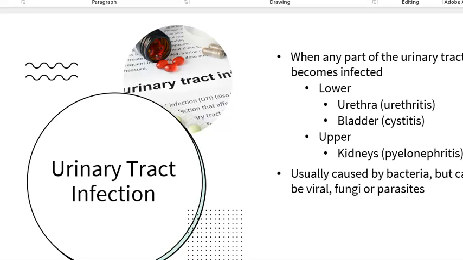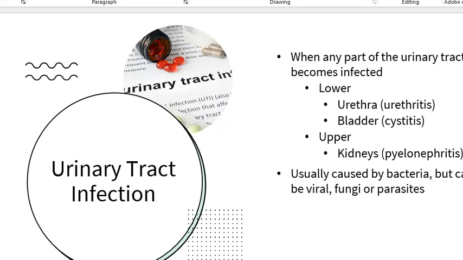However, any part of the urinary tract can become infected, which is called a UTI. It's usually caused by bacteria, but can be viral, fungi, or parasites. If it's a urethral infection or bladder or kidney infection, that is what's referred to as a UTI.